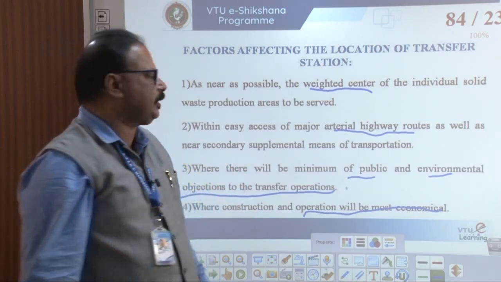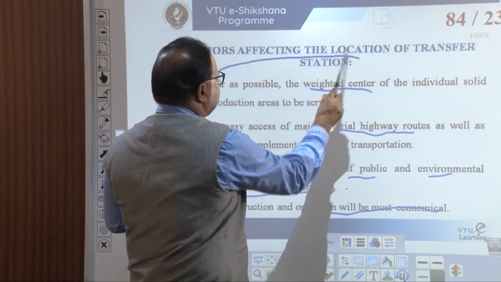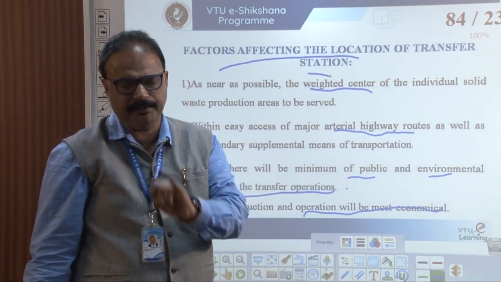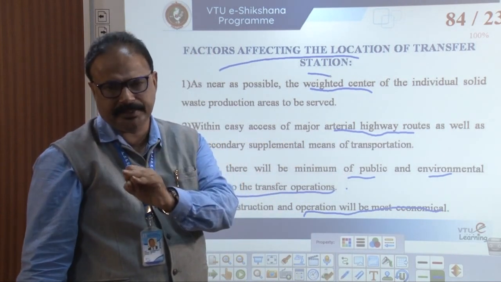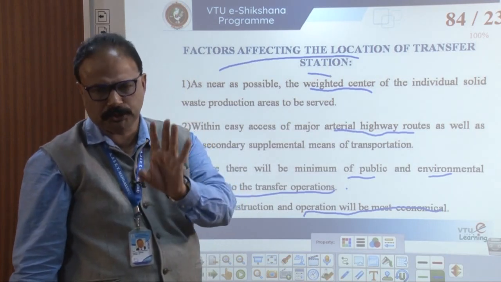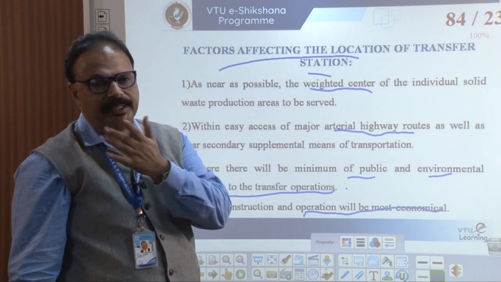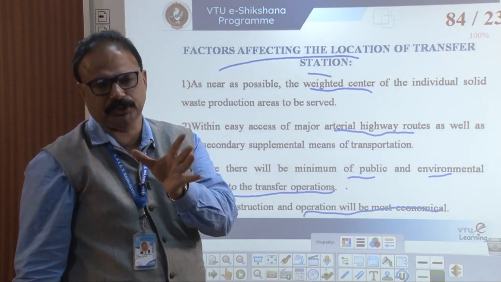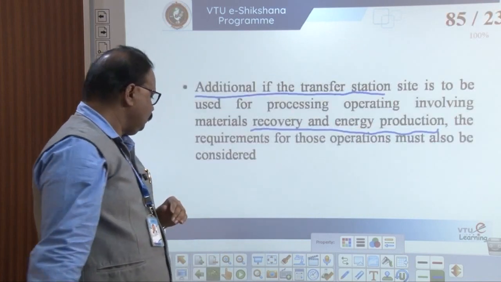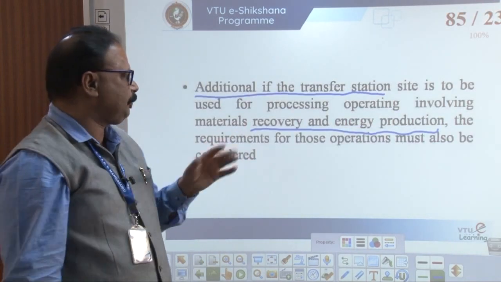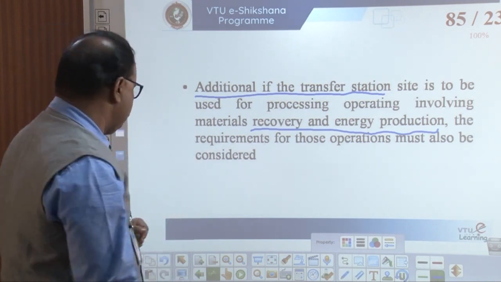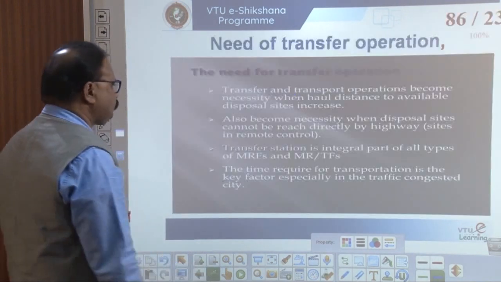This is the factor affecting the transfer station. Over: the highway, the weighted center, less public objection, less operation and maintenance cost, economical construction cost, and energy production involved in the operation.